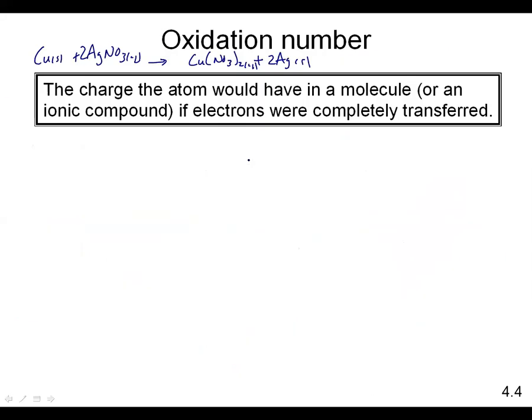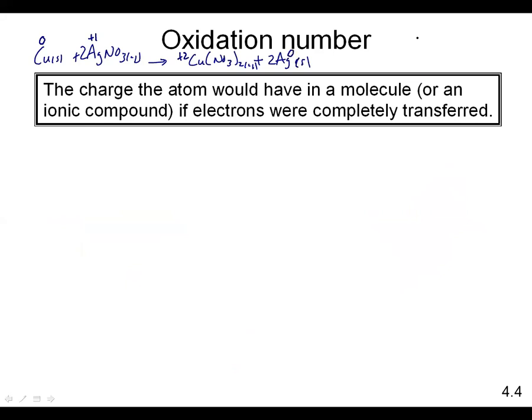Perfect. And when we look at this in terms of being oxidized and reduced, our copper is 0 here. Our copper is plus 2 over here. Our silver in the silver nitrate is plus 1. Our silver over here in the solid state is 0.